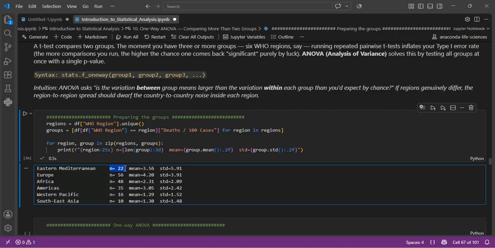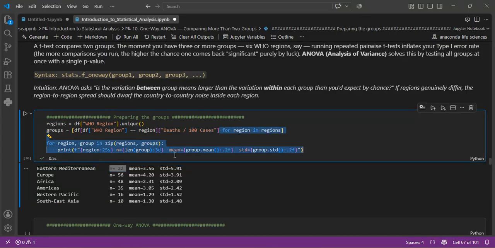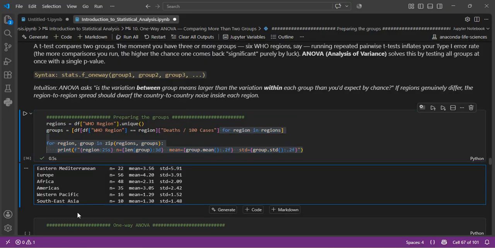In fact, the number of Eastern Mediterranean countries is 22. Then the mean is calculated on the death per 100 cases, as in the death rate. And the standard deviation cuts across all the other continents or regions that were included in the data.